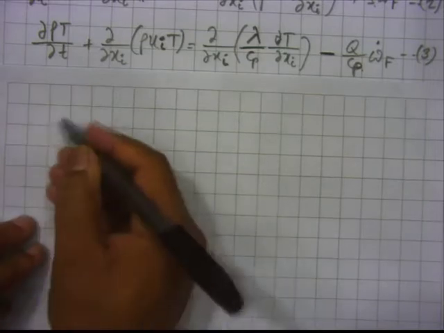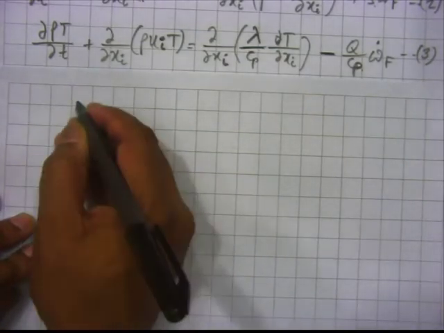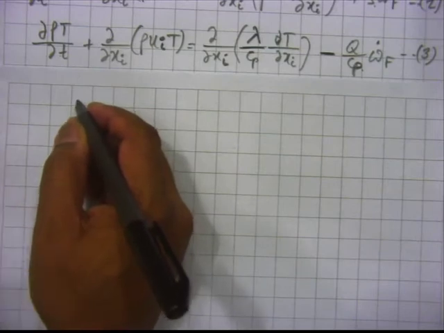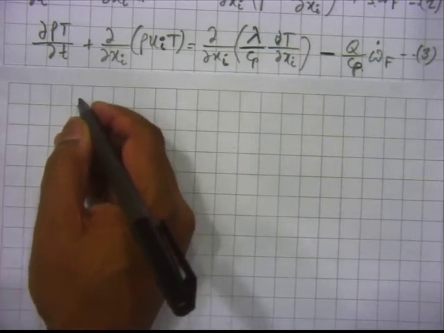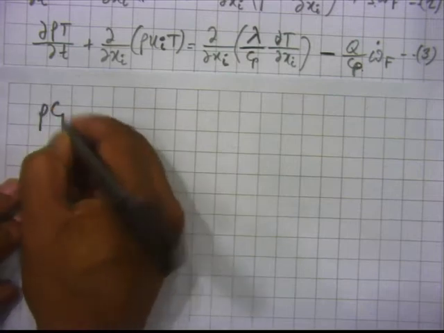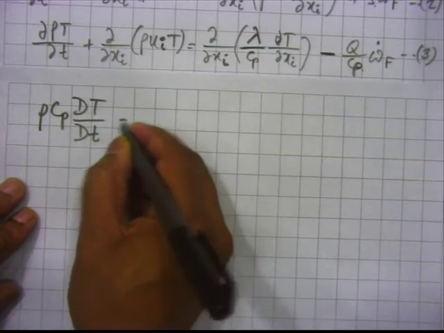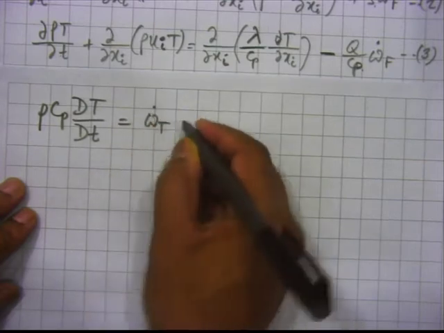Now, actually for constant pressure flames where the flow speed is low, and Cp values are all equal, in that case it can be shown that this is our energy equation.